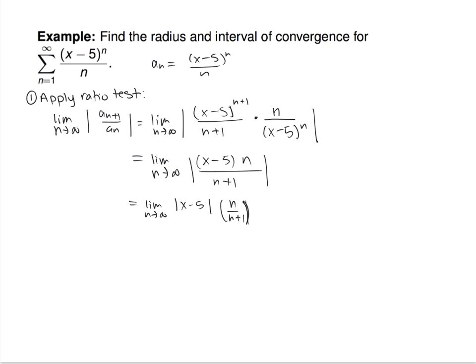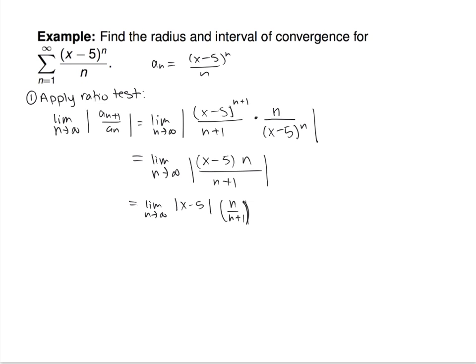There's no guarantee the x minus 5 isn't negative, but the n's are certainly not. And x is some fixed number, so the limit is just telling you what happens to n. So x minus 5 is kind of like a constant, and you can factor it out of the limit. As n goes to infinity, this goes to x minus 5 times whatever n over n plus 1 goes to, which is 1.